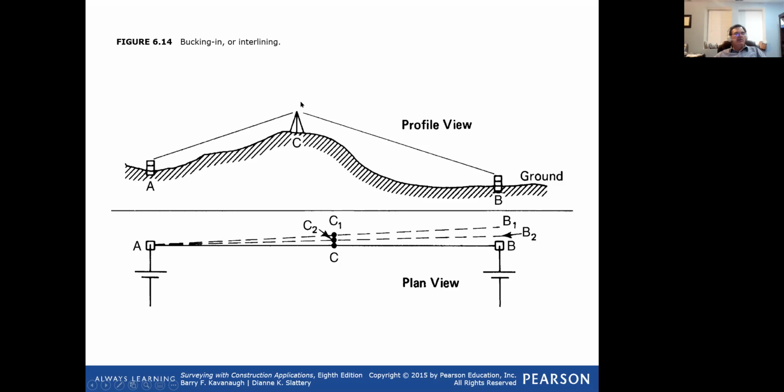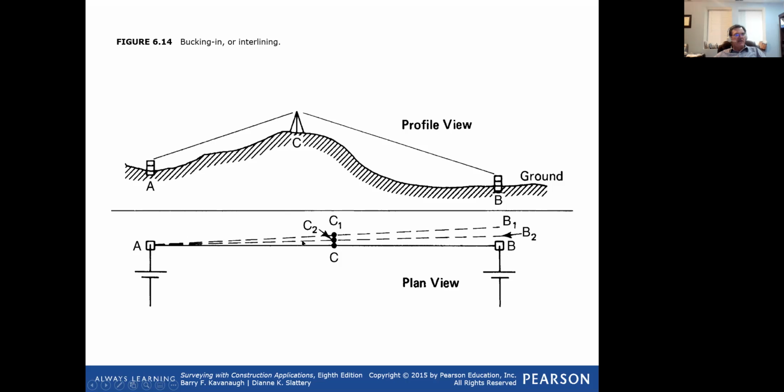And then what you would do is compute yourself a point that puts you on the straight line, so that when you set up on that new point, you would be in a straight line between A and B. You could then sight A, turn an angle to B, and it should be 180 degrees.